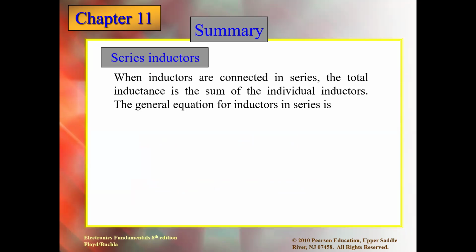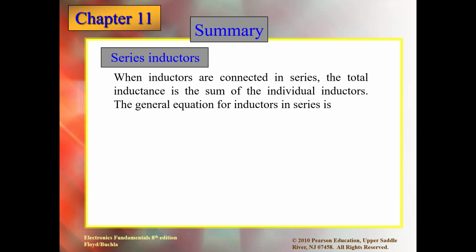After knowing the basics of the inductor, multiple inductors can be connected in series or in parallel, similar to what we discussed for capacitors in series and capacitors in parallel. We have seen this already in chapters 9 and 10.